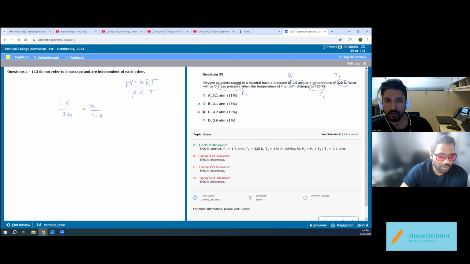Writing it out like this, P1 over T1 is equal to P2 over T2.